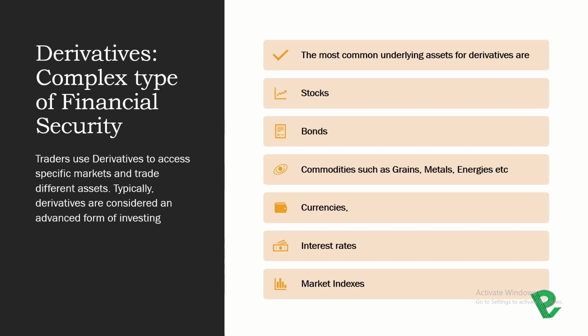Derivatives are a complex type of financial securities. Traders use derivatives to access specific markets and trade different assets. Typically, derivatives are considered an advanced form of investing. The most common underlying assets for derivatives are stocks, bonds, commodities such as grains, metals, energies, etc., currencies, interest rates, and market indexes.